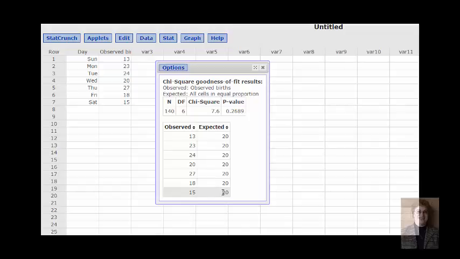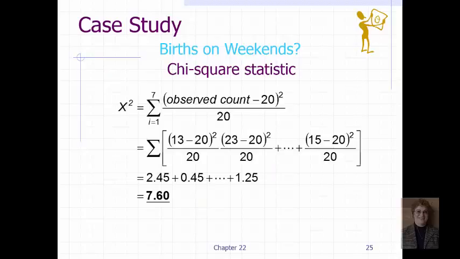So let's take this and go back to our PowerPoint presentation. Let's go back to the slides and see how this is going to work for us. Okay, so we've calculated the chi-squared statistic. We got the same thing on StatCrunch.